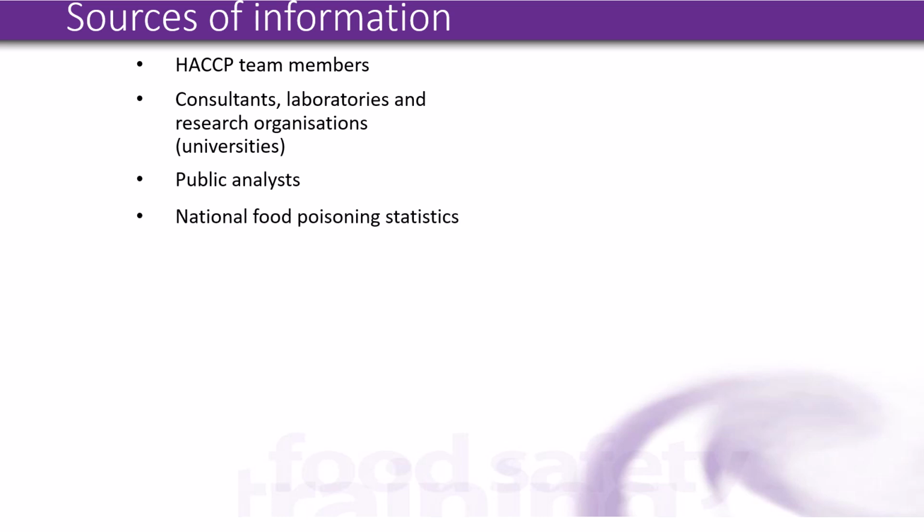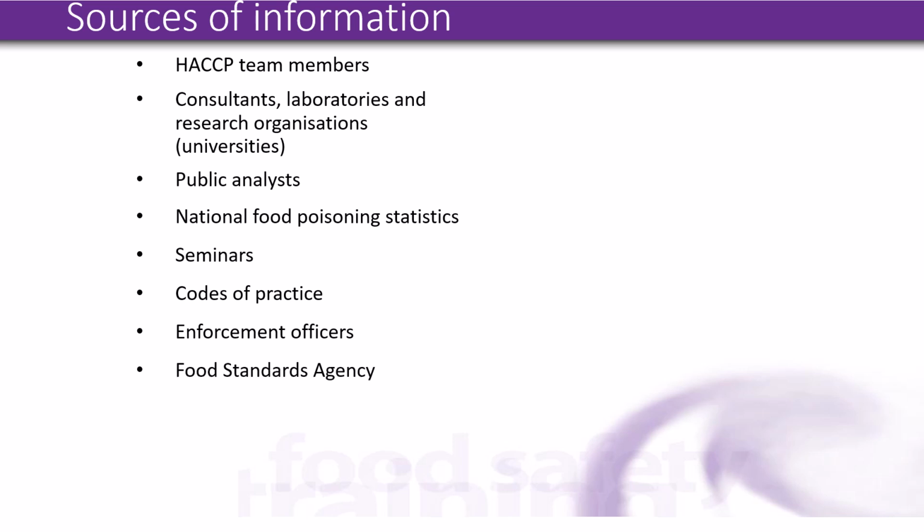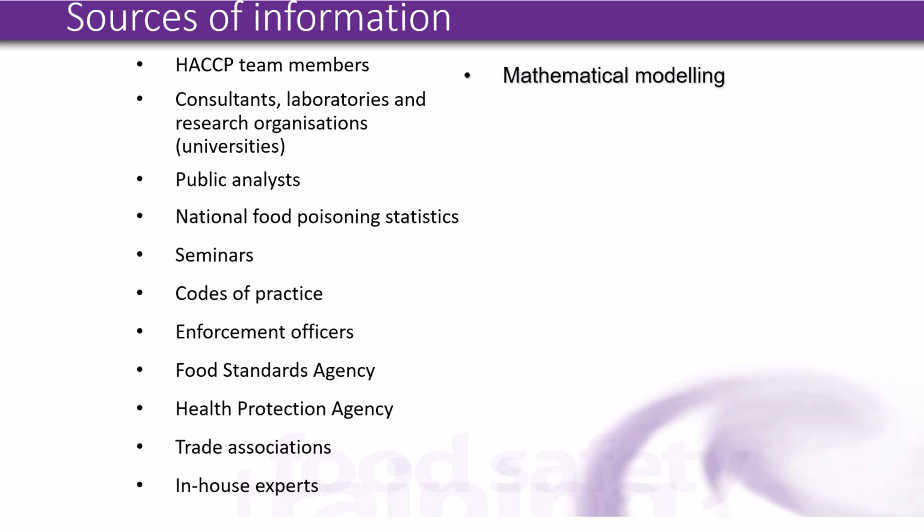Public analysts, national food poisoning statistics, another good source of information, by attending seminars, following or reading the codes of practice, listening and having chats with enforcement officers, having information from the Food Standards Agency, also the Health Protection Agency, trade associations, in-house experts, and more.